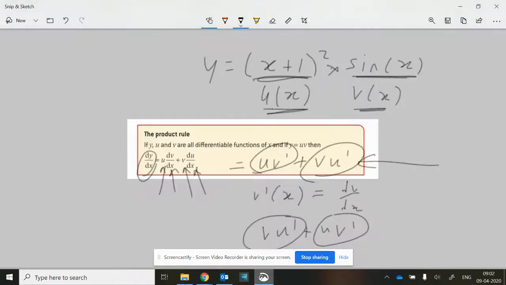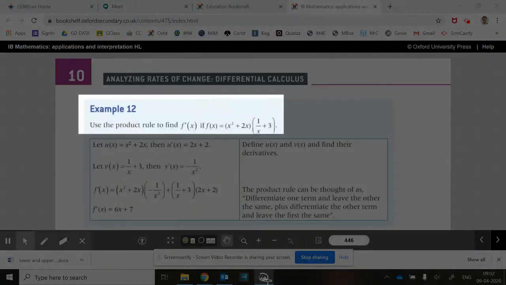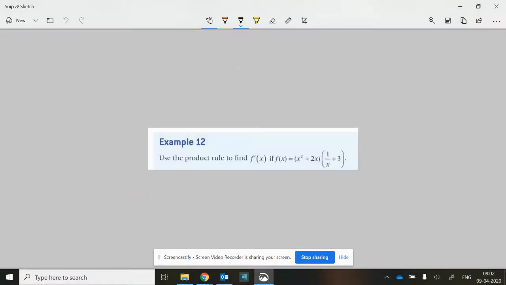Okay, well, anyway, let's have a look at one of the questions. So here we go. Let's look at example 12. Let's steal this thing here. So first of all, the way I would lay this one out is to say, let's start by stating what U is, and let's start by stating what V is. So we can see that instead of calling it y, they've called it f of x here, but same thing.